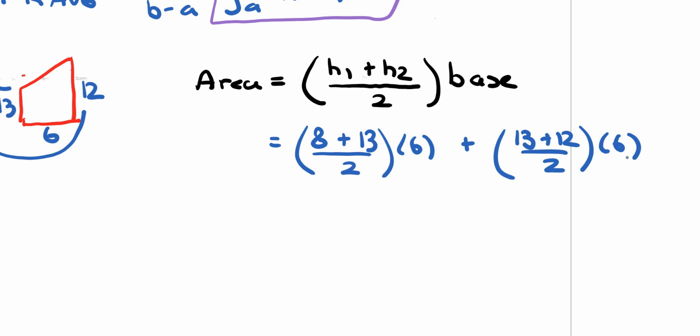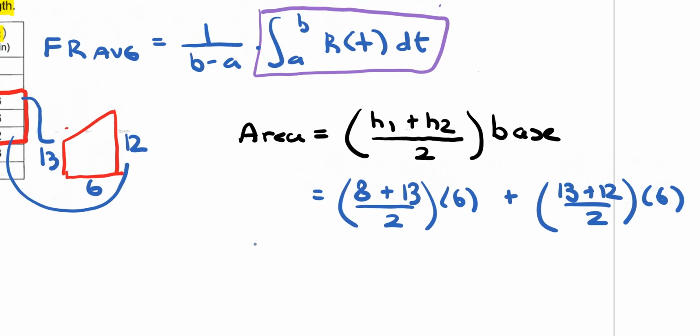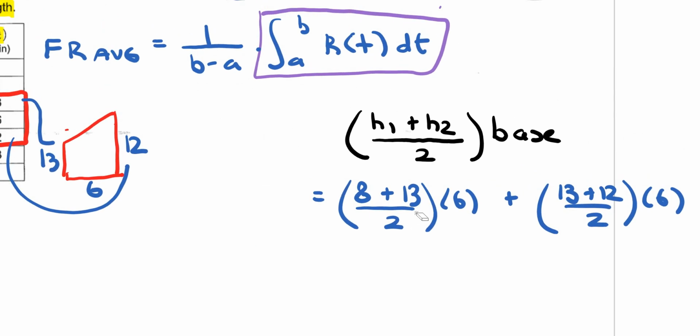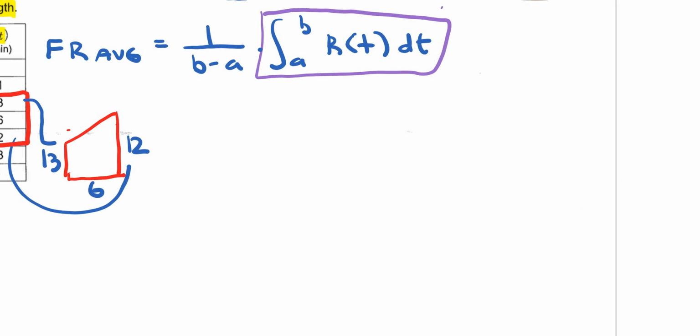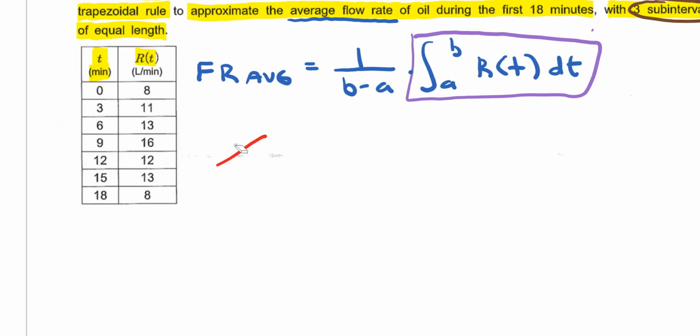So what I'm going to do now is quickly summarize all this so that we can organize it in a nice way. I'm going to erase all this now and repeat this information again. If I want to figure out the average value, let's figure out this 1 over b minus a first.